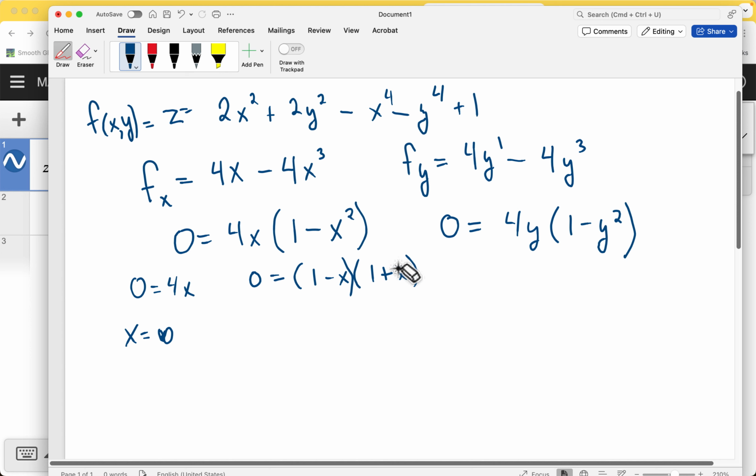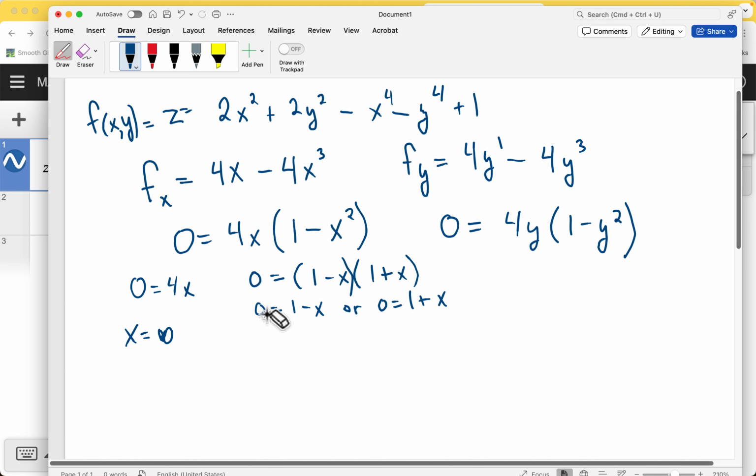Right, so we get negative x squared. We get a +1. We get a positive 1x, a minus 1x, so there's no middle term. And so this gives us actually two answers. Either 0 is equal to 1 minus x, or 0 is equal to 1 plus x.